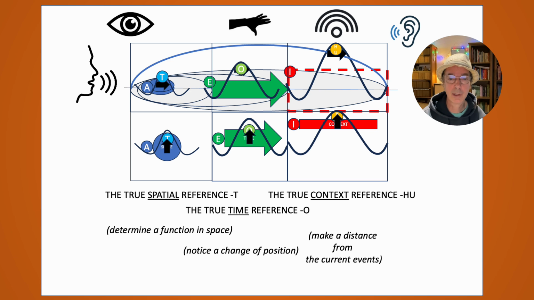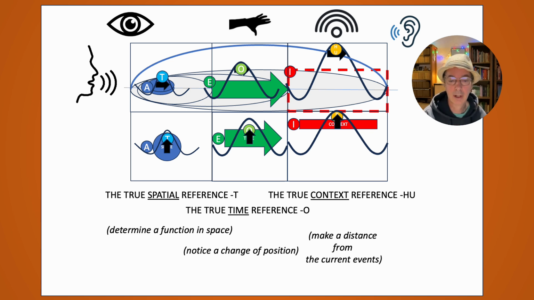So what did we have with these three letters? The T, the O, and the H. The T was a spatial reference, the O a time reference, and the H a context reference. With this spatial reference, I could also give it a certain function in space.